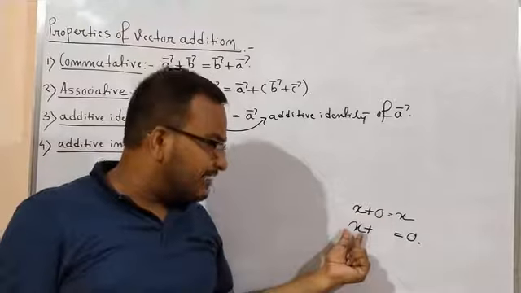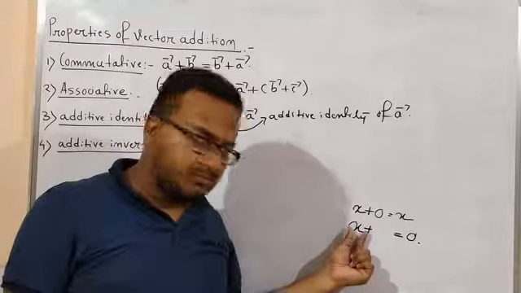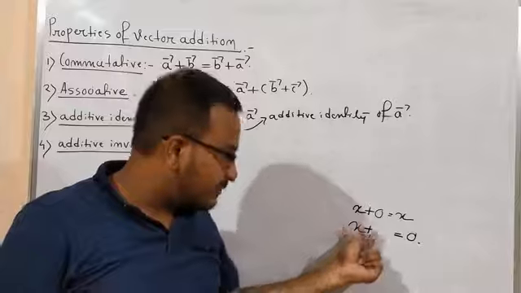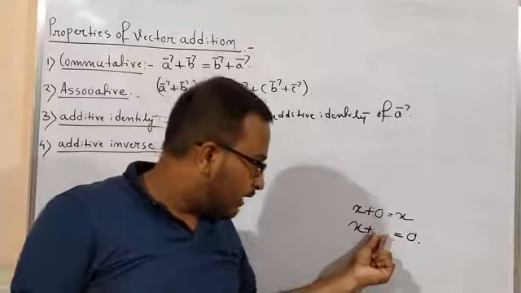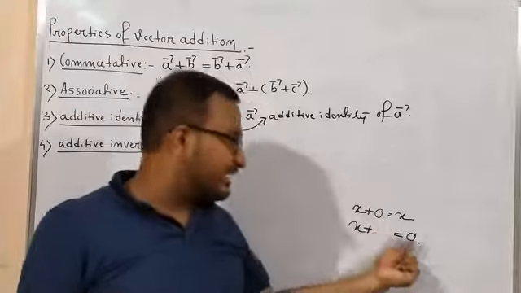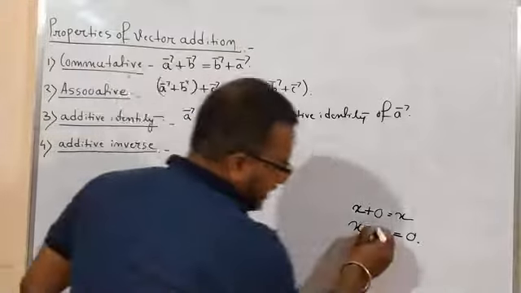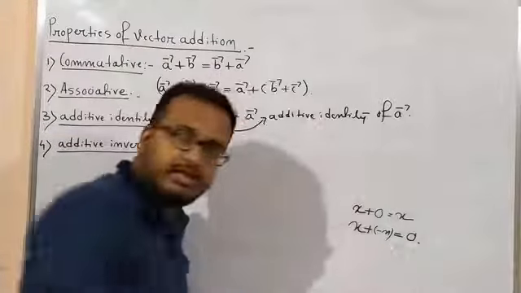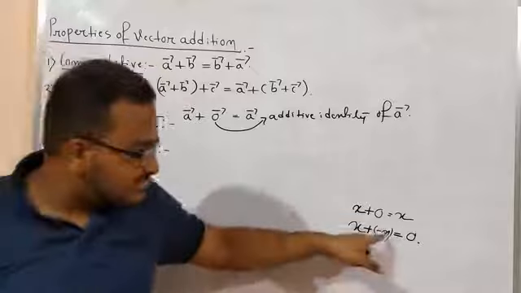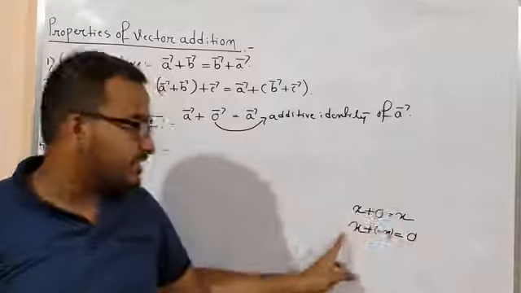So if you take any real number x plus what quantity I have to put here so that I can get the additive identity, which is nothing but 0? So I have to put here minus x, isn't it? So in this case, this minus x is called the additive inverse of x.